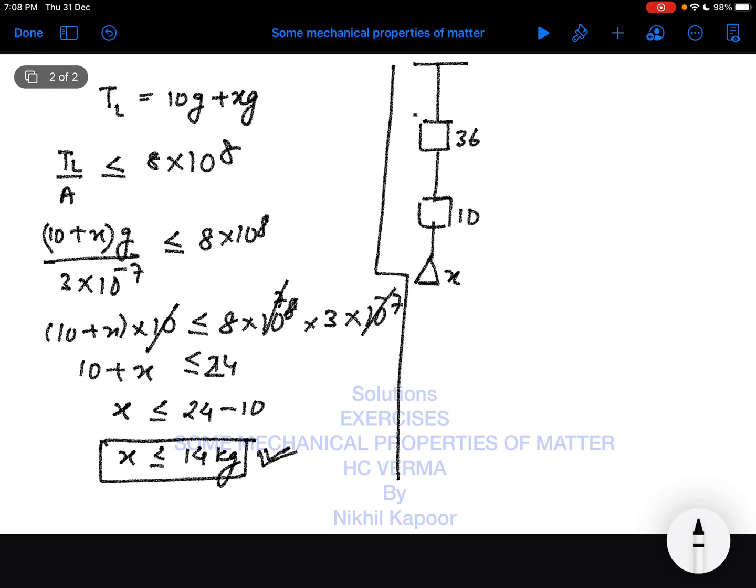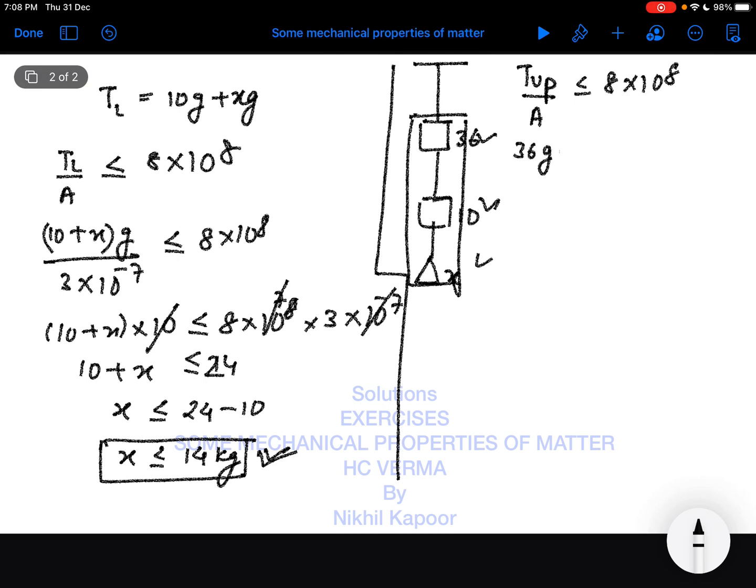As you can see, the total tension on the upper wire is due to these three loads. So the tension in the upper wire divided by the area of the upper wire should be less than or equal to 8 into 10 to the power 8. So the tension in the upper wire will be 36g plus 10g plus Xg, divided by the area of cross section 6 into 10 to the power minus 7, which must be less than or equal to 8 into 10 to the power 8.